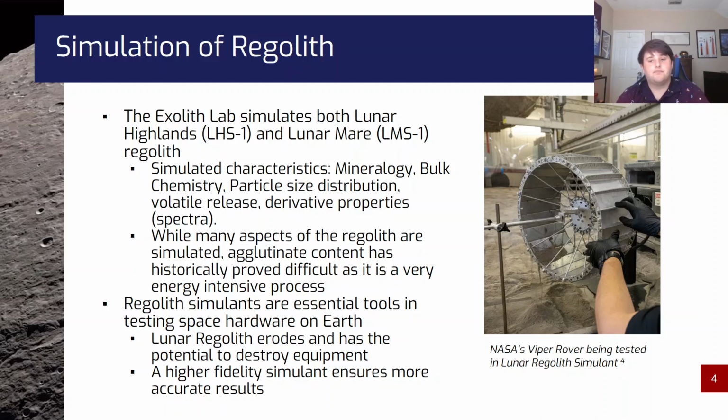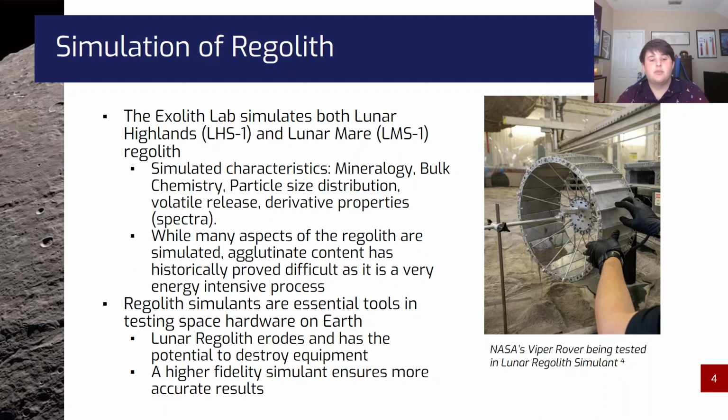The regolith simulants are essential tools in testing space hardware on Earth, and many companies utilize them before they go up into space, as lunar regolith erodes and has the potential to destroy equipment, as seen on the Apollo missions. It's really one of our biggest challenges and biggest resources on the moon.